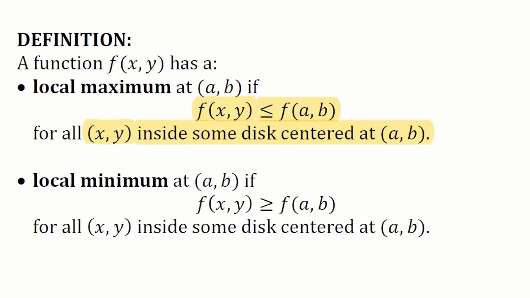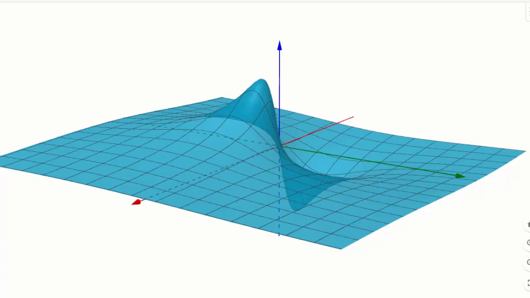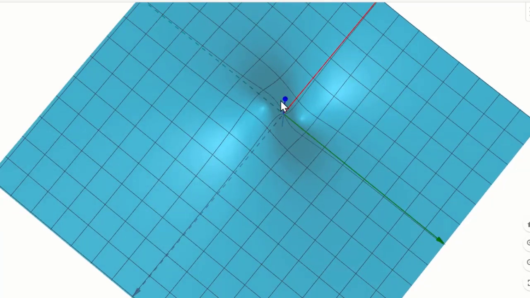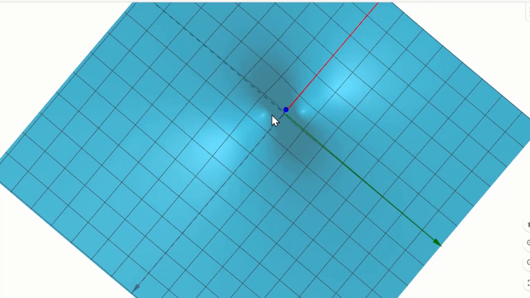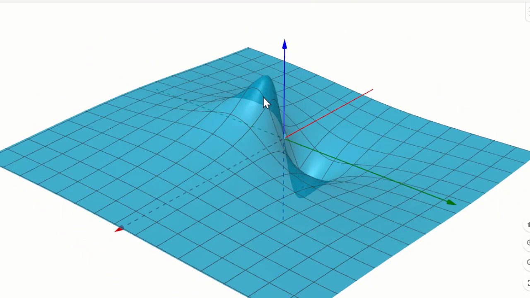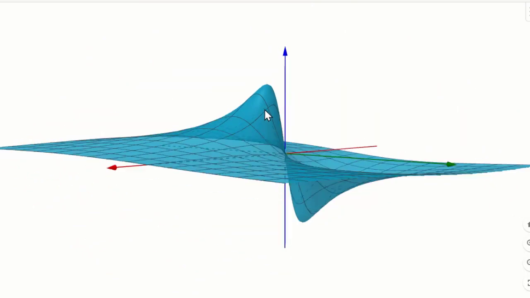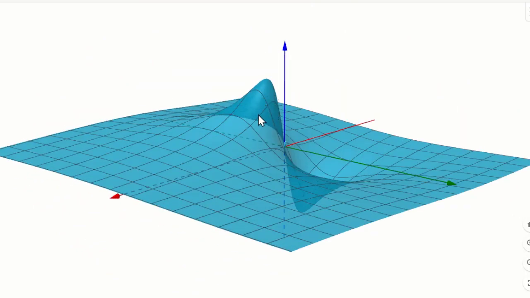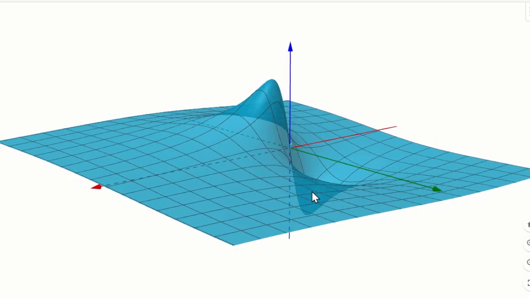Meaning, if we're looking at the graph right here, a local maximum means at some point (a, b) on the x and y floor, this graph hits a peak, and at that peak we say it's a local maximum, meaning at any other (x, y) points the function must reach a value lower or at most equal to that point. And that's what a local maximum means.